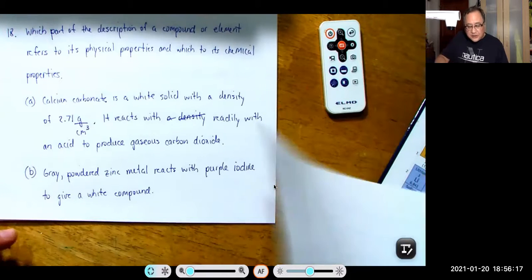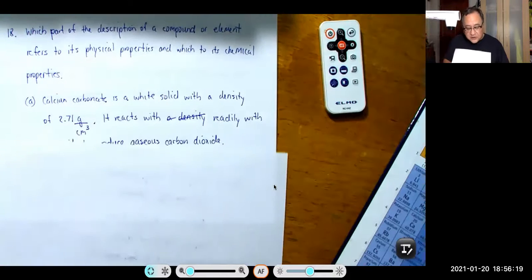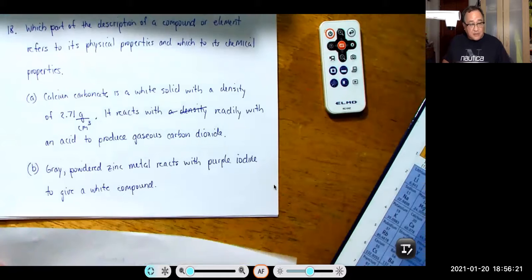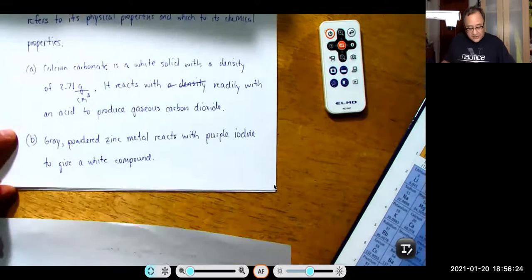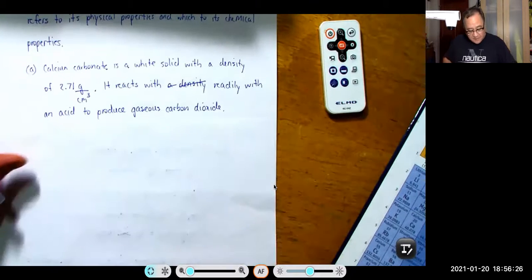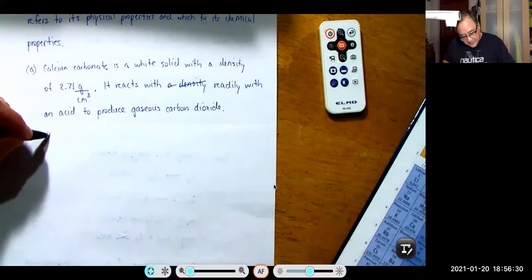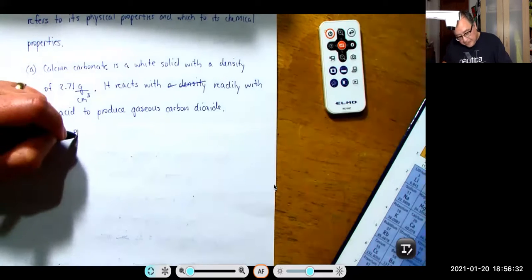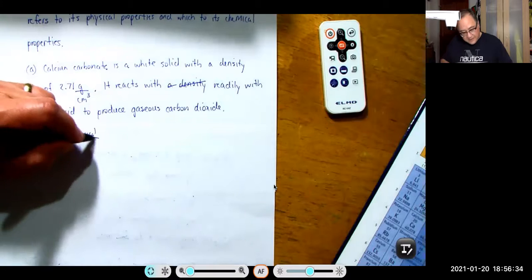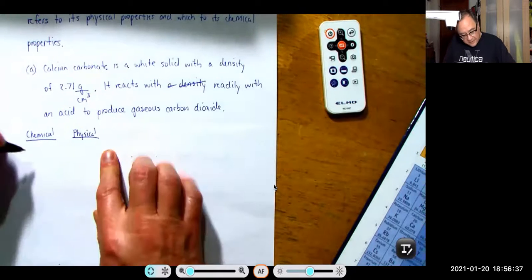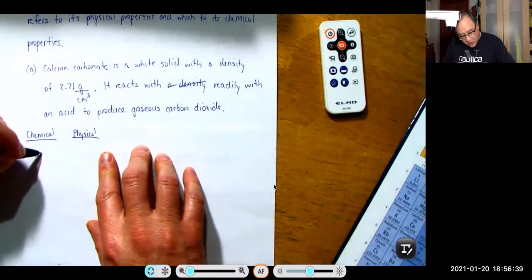Which part of the description of a compound or element refers to its physical properties and which to its chemical properties? So let's take a look at A. I'm going to make a little list here that says chemical, and over here, physical. Calcium carbonate.